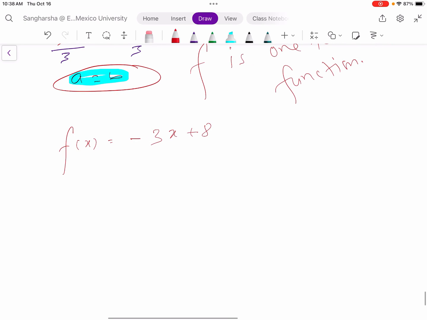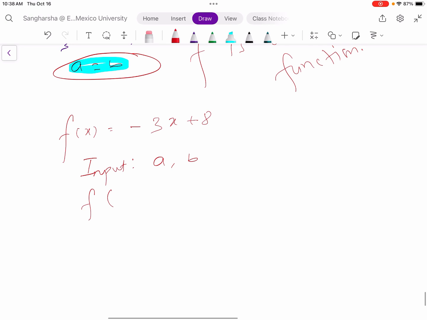For that, we take two different inputs, A and B. We assume f of A is equal to f of B. It means the output for A is f of A, the output for B is f of B, and we assume that these outputs are equal to each other.